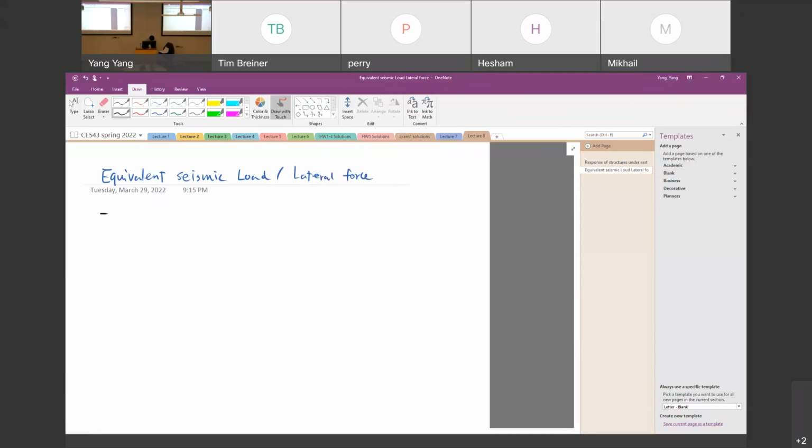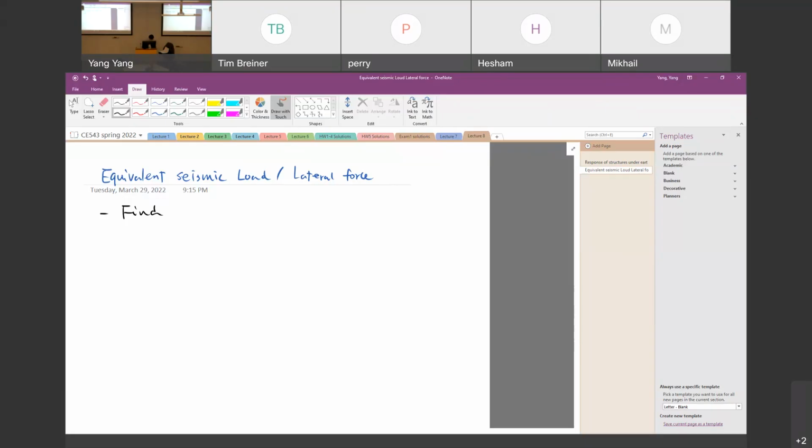This is very important because we want to do design. If you remember, when you do steel or concrete design, we need to do structural analysis. We need to know the magnitude of this external force. If you have a beam, we would like to know the magnitude of the distributed load or concentrated load. But for earthquake, what load should we apply to the structure?